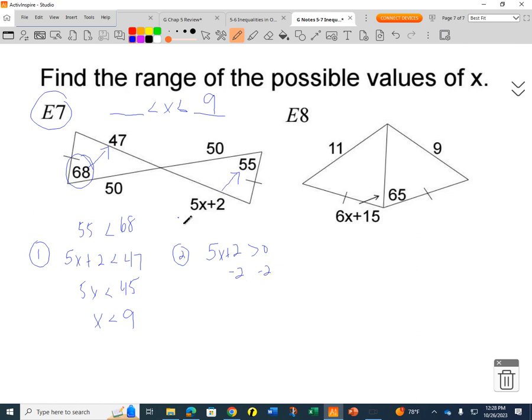So first time I looked at it today, I'm like, wait, that can't be right, but it is right. 5x is greater than negative 2. Divide both sides by 5, and x is greater than negative 2/5. So if we plug negative 2/5 in here, that side length is not going to be negative, but the x is negative. So that is our lower range.